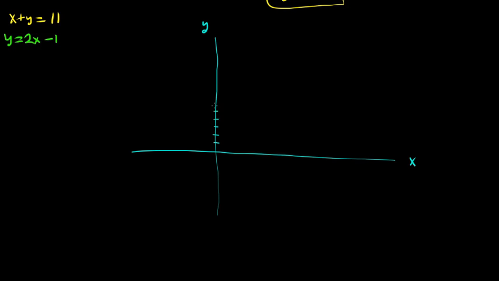3, 4, 5, 6, 7, 8, 9, 10, 11, right? So way up here. And then the same thing for x, right? So 1, 2, 3, 4, 5, 6, 7, 8, 9, 10, 11. So these are 2 points on the line.